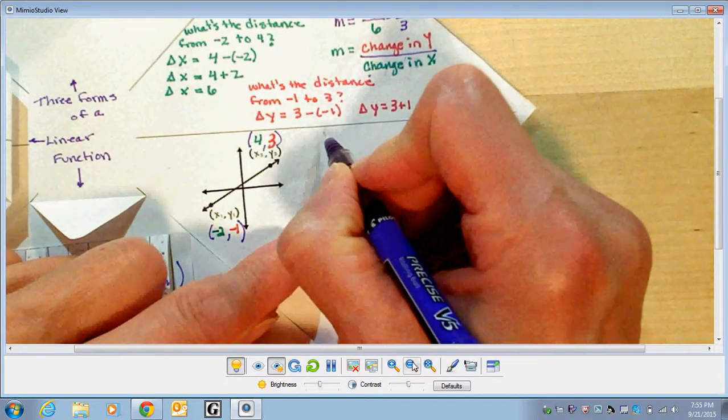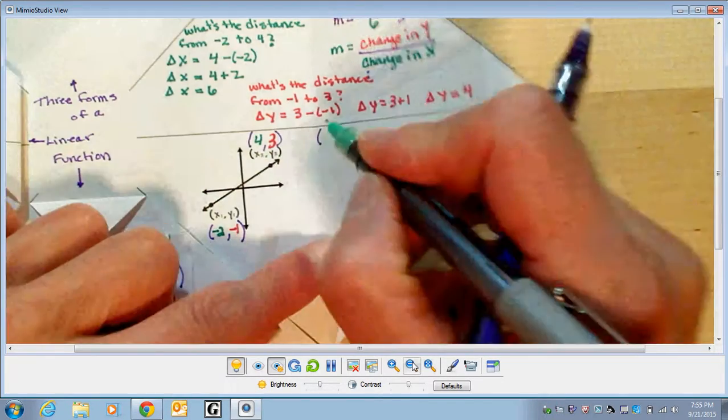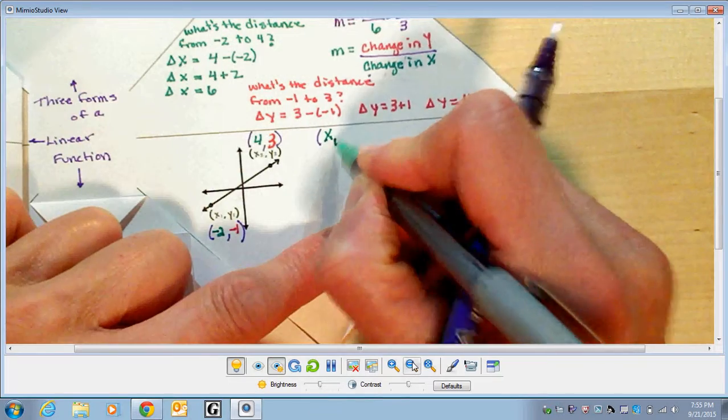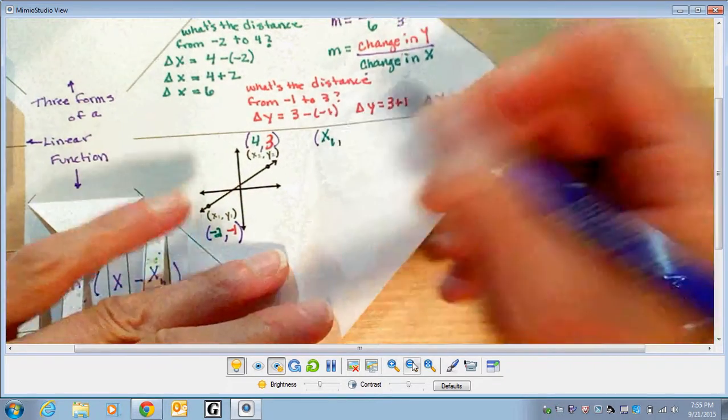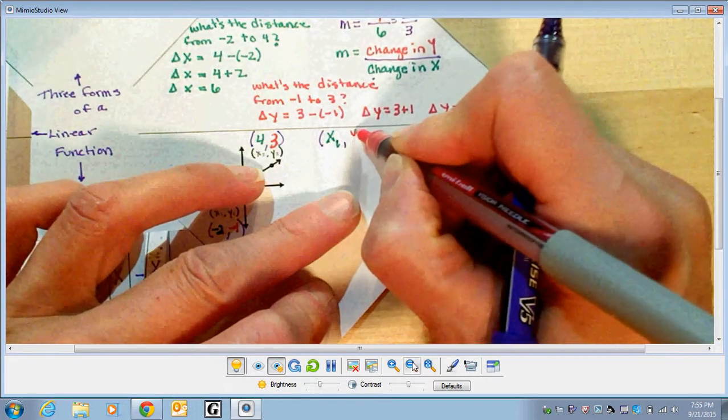So what do we have? We have an x1 and a y1. That's one of our points.